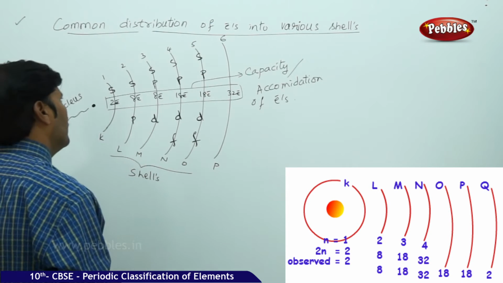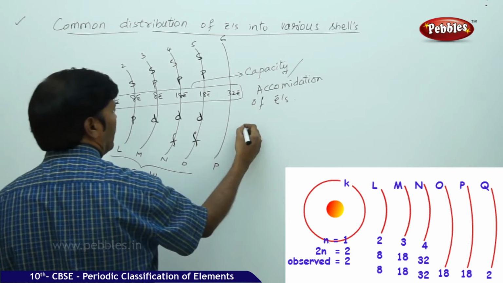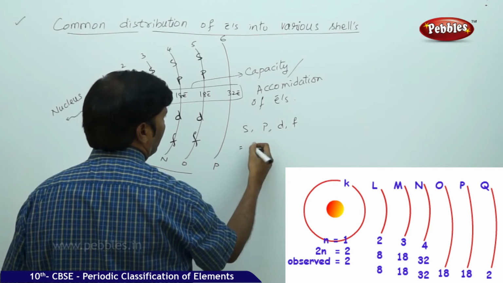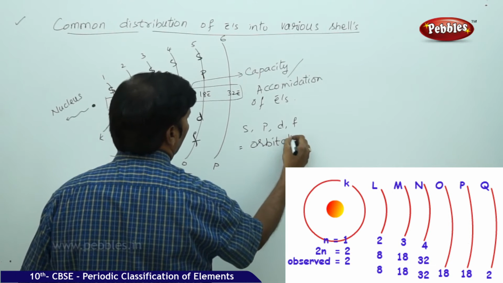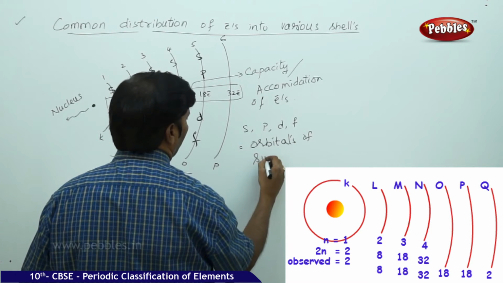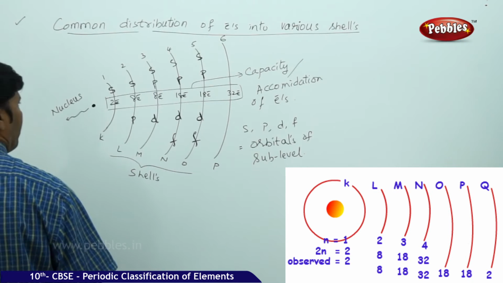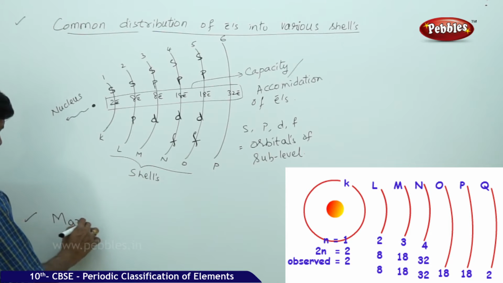Here s, p, d, f are orbitals of a sublevel.